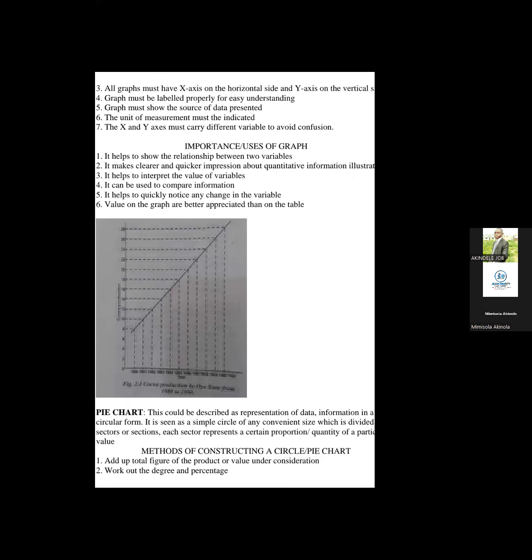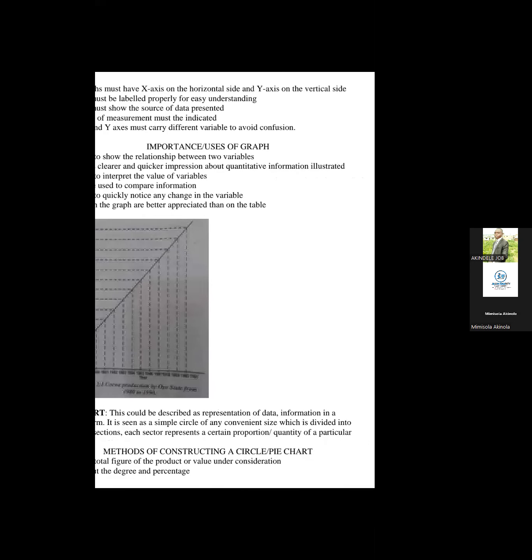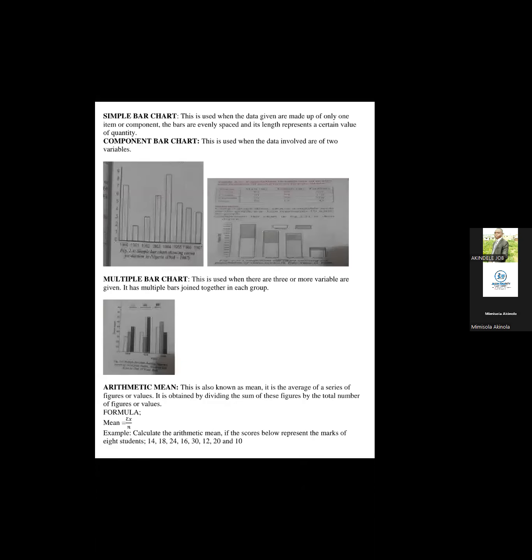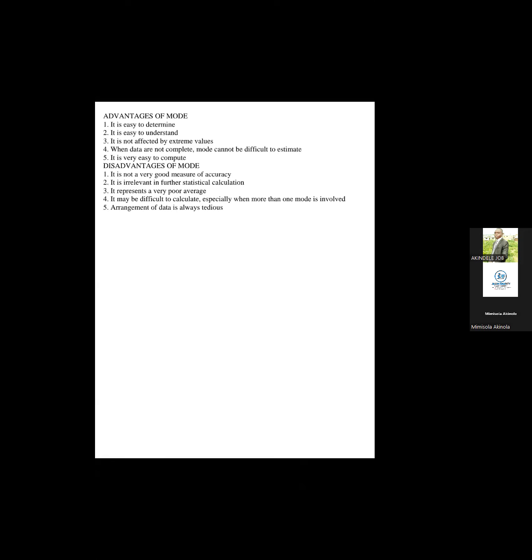Let me quickly demonstrate what that means. Let's say we have a table that shows the scores of 3 students in economics.